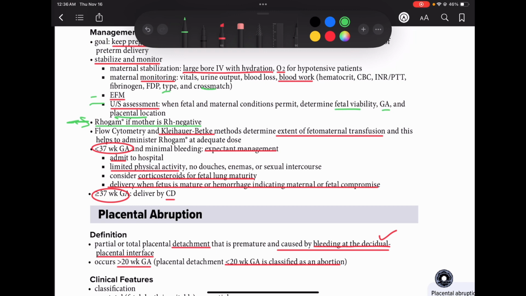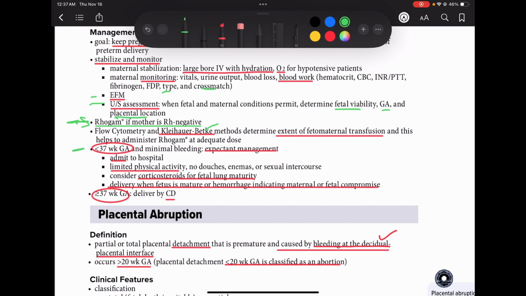So placenta previa, placental abruption, wherever you see bleeding or hemorrhage, there might be a chance of cross-reactivity of fetal and maternal blood. So just go for RhoGAM. We could also do the Kleihauer-Betke test, which is used to determine the extent of fetal-maternal transfusion, how much has crossed.